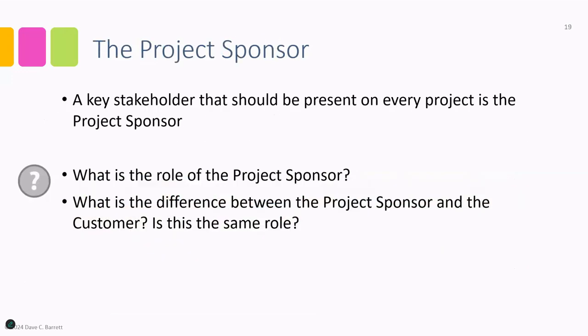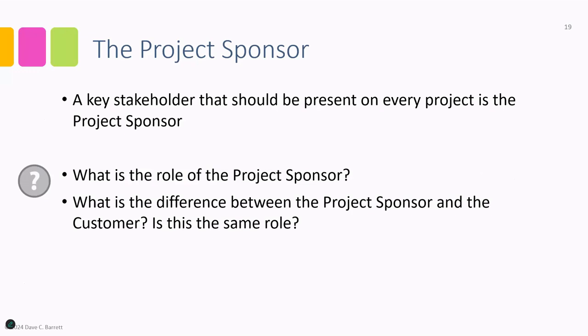One of the key project stakeholders is a role called the project sponsor. The project sponsor is a key stakeholder that should be present on every project. The role of the project sponsor is really twofold. The project sponsor is primarily involved in the definition of what is required by the project in terms of its overall mission, its goals and objectives.